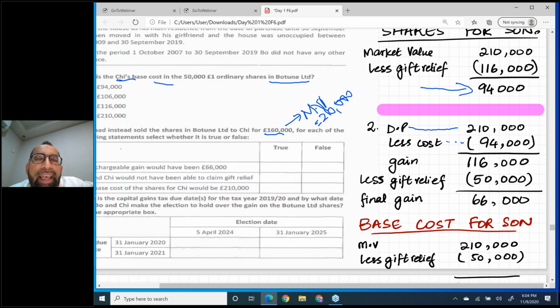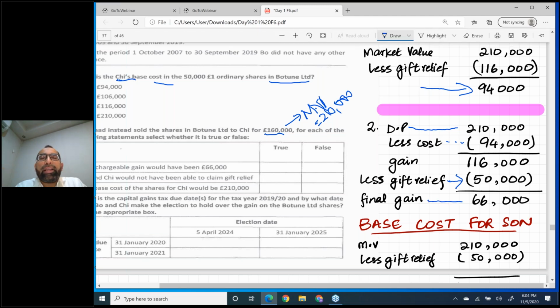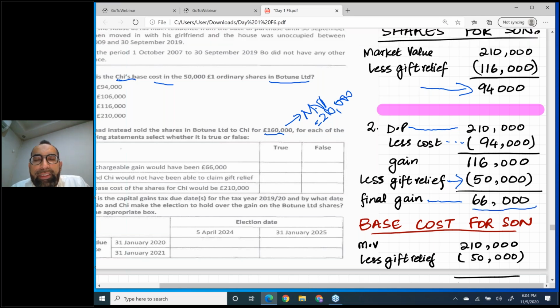So the gift element is 50,000. So we can only deduct gift relief up to 50,000, right? So the final chargeable gain for Dad right now is 66,000.